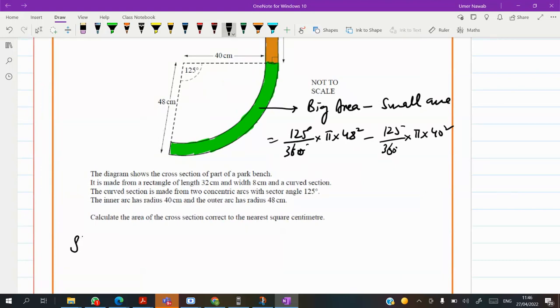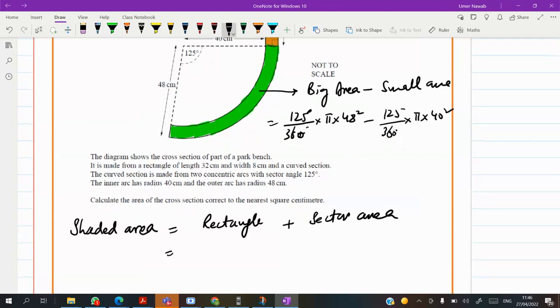I'm ready to start. The shaded area is equal to the rectangle plus the area between the two sectors. So rectangle, and we can write it as sector area. This is just identification of what we are talking about.